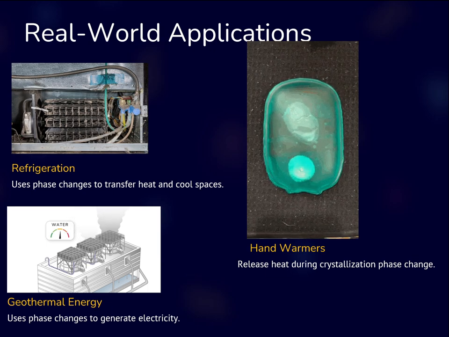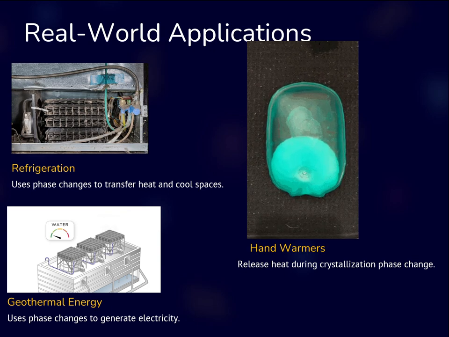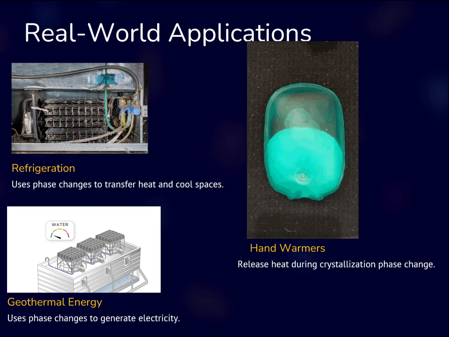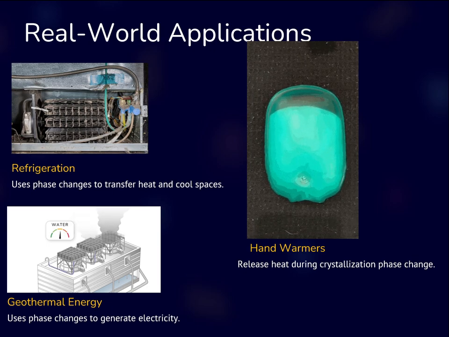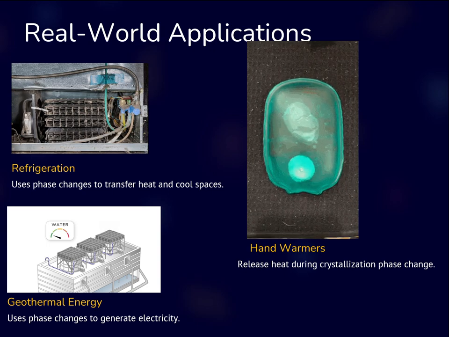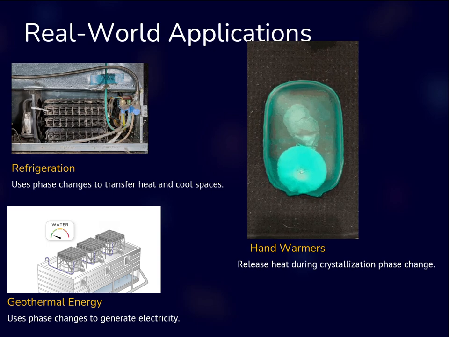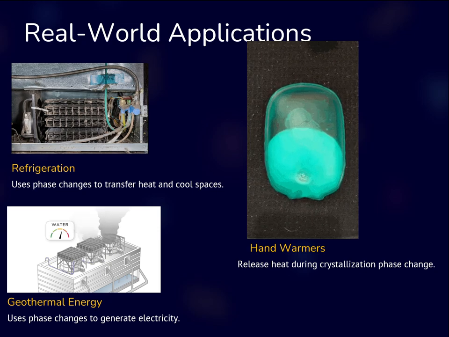Phase changes aren't just academic. They also drive technology. Refrigerators or AC units. For example, in one of these units, a refrigerant repeatedly evaporates, meaning it absorbs latent heat inside the fridge and then condenses, which dumps that heat outdoors. We also have common hand warmers.